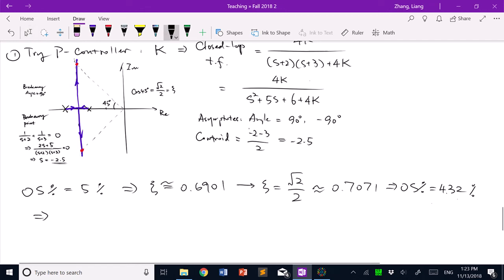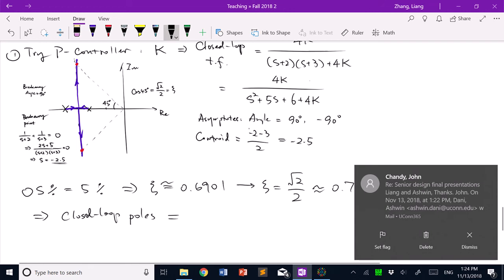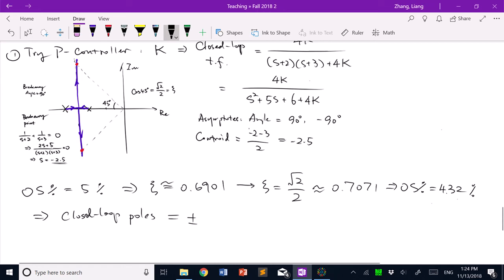So this means the closed loop poles will be negative 2.5, since this is where the asymptotes and the breakaway point are, and since it's 45 degrees, the real part and the imaginary part should be exactly equal to each other.